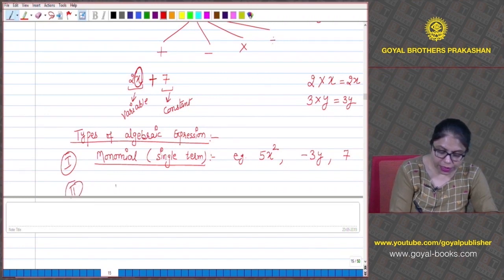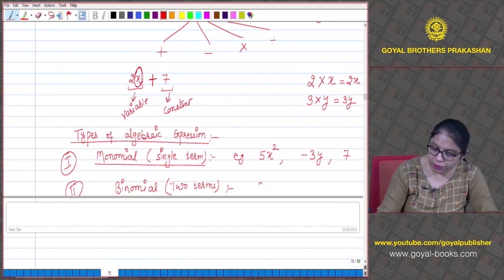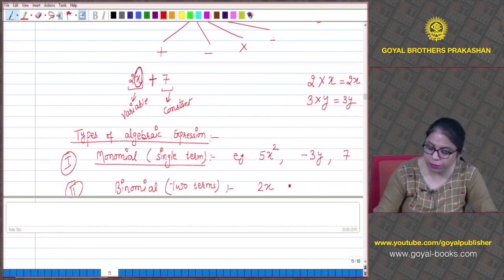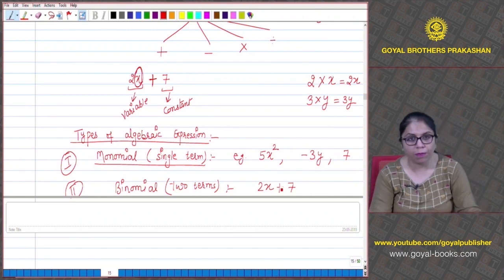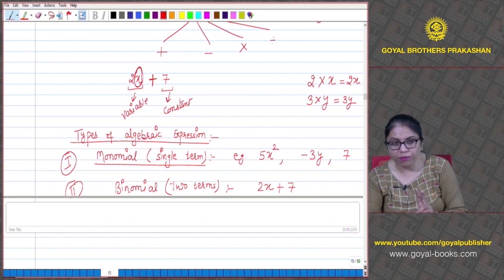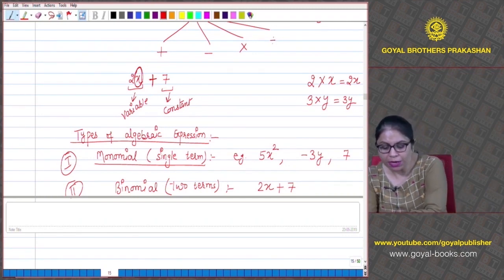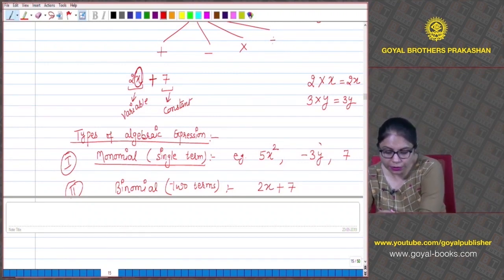Okay. Second is binomial. Binomial means 2 terms. Binomial means 2 terms. Like first term is 2x. This is your first term. And second term is 7. If we connect any 2 terms with the sign of either plus or minus, multiplication is not, see, in this example, minus 3 and y both are multiplying, but it is known as single term.